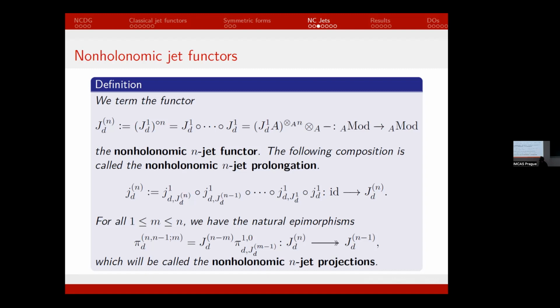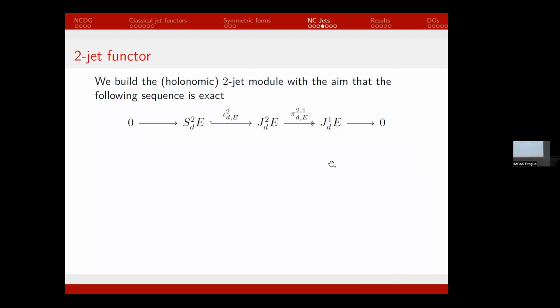Okay, so these are the non-holonomic jet functors, but I will not go into depth with them. I will just use them to find the two-jet functor. So the two-jet functor must satisfy this property. So we want this property to be satisfied.